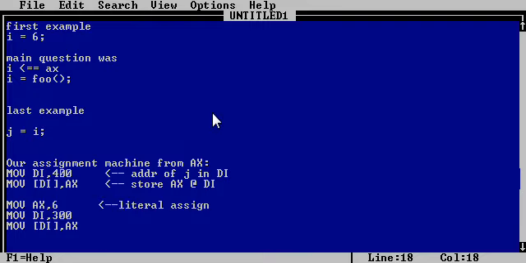Now, I guess there's a little bit more that can be said about this. For one thing, this kind of explains, maybe not, but it sort of gives you a hint anyway as to what they mean by when something is an L value or an R value. 6, okay, is a literal number.